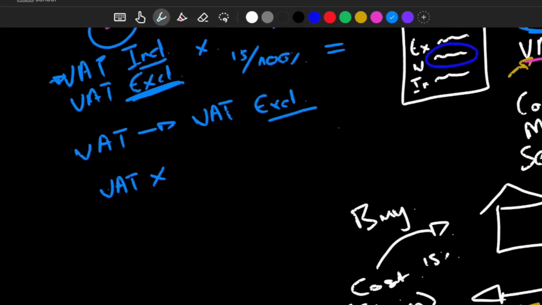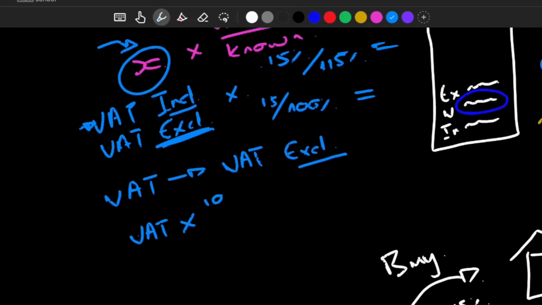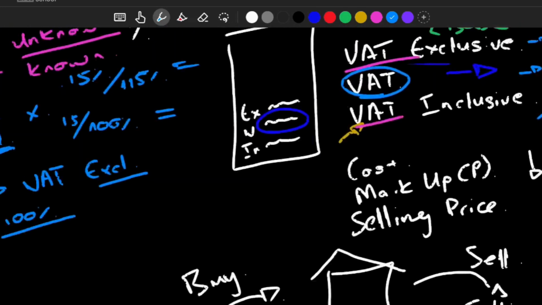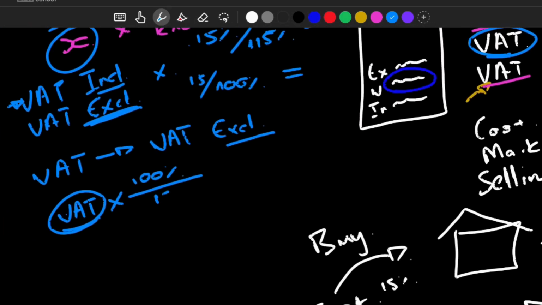There we said is 100%. 100% over what is my known. My known, like we said, is the VAT, right? 15%.